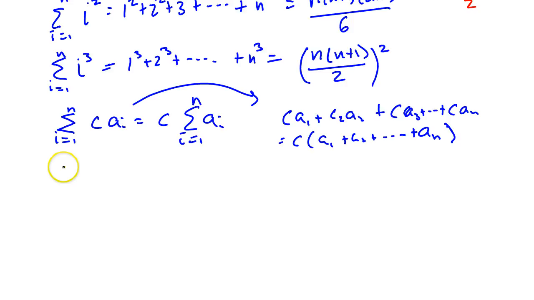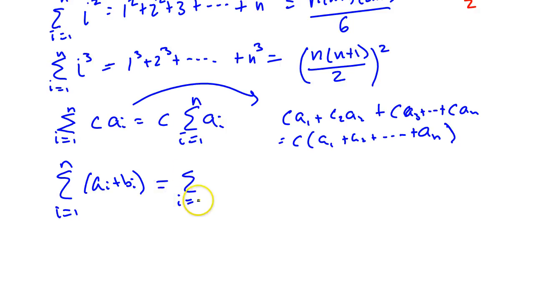Next we have essentially what is the associative property and the commutative property together. I got the sum i equals 1 to n of a_i plus b_i. And what I can do here is just add up the a_i's first and then add up the b_i's separately and add the results.